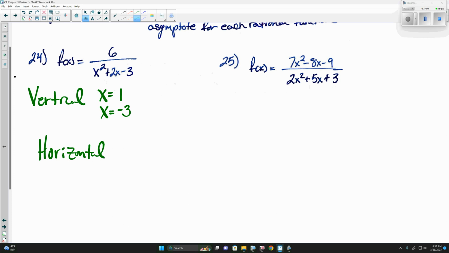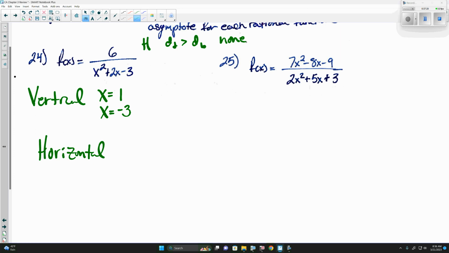If the degree of the top, so horizontal, if the degree of the top is greater than the degree of the bottom, there is none. This is going to be our slant asymptote. When the degree of the top is bigger than the degree of the bottom, we have slant.